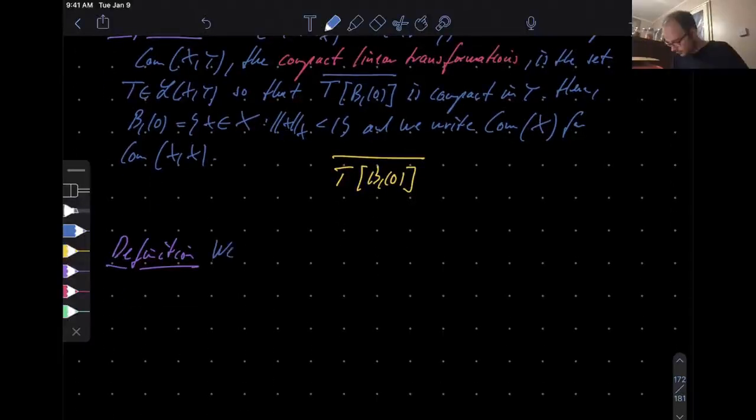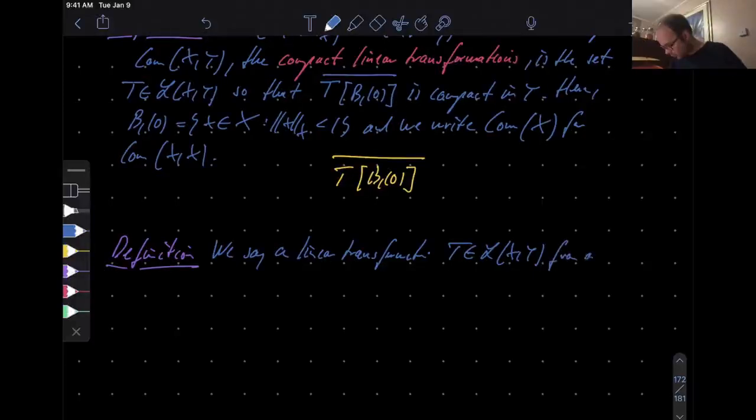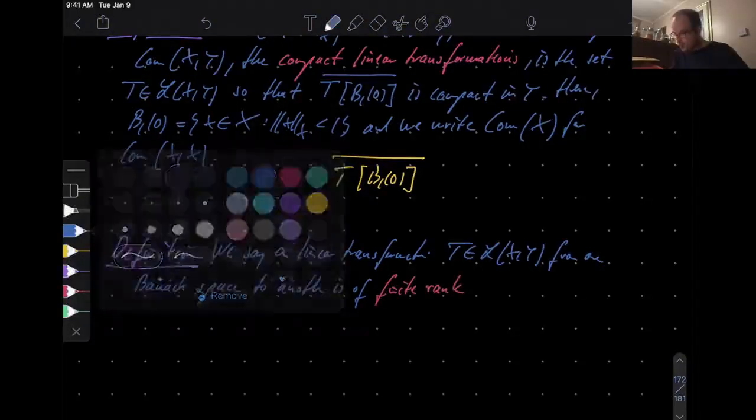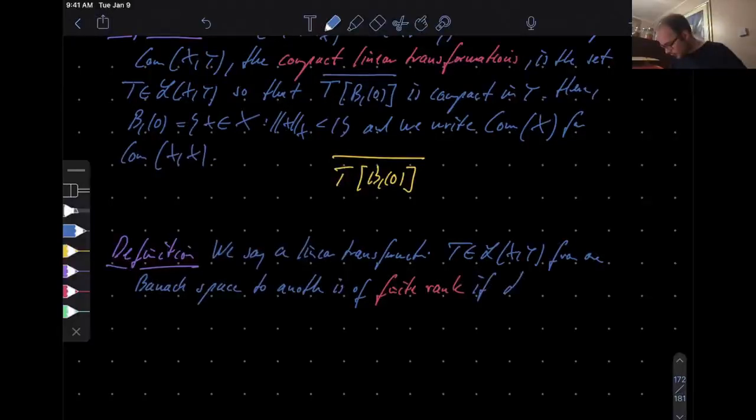Moving ahead, the definition of finite rank linear transformations. We say a linear transformation T in L(X,Y) from one Banach space to another is of finite rank if the dimension of the range is finite.